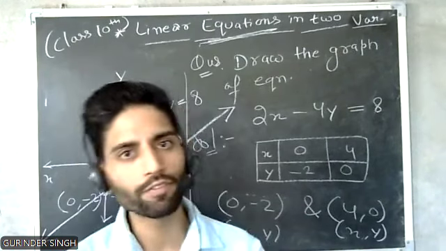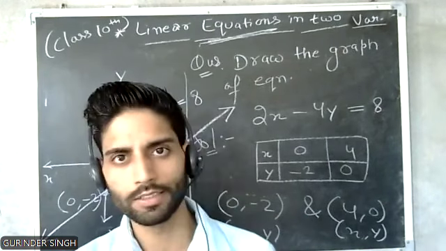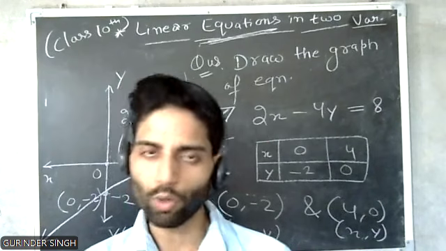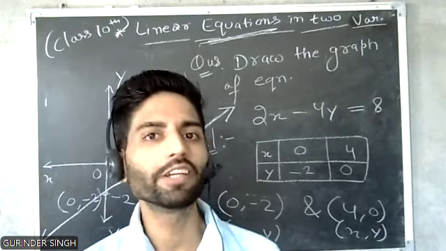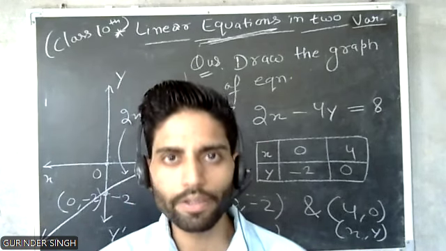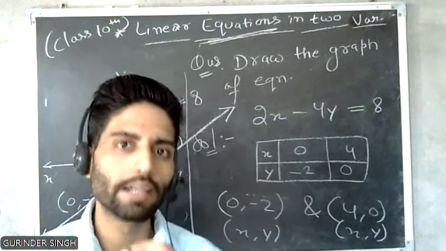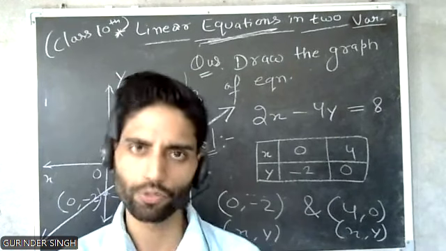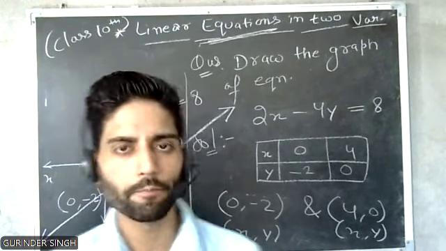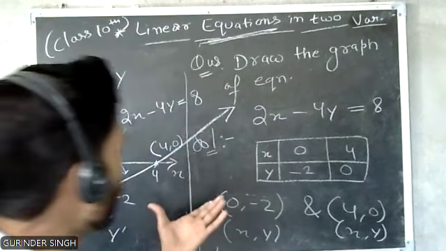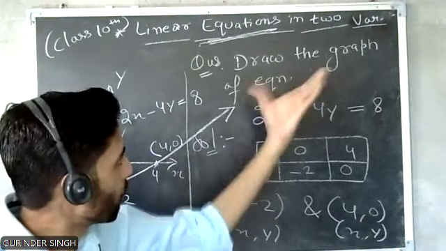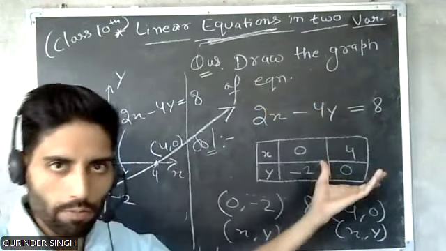I'm just finding different points. I told you that every point can be written as an x comma y pair, and that point will be sitting on that line. So this is how we draw the graph of a linear equation in two variables.